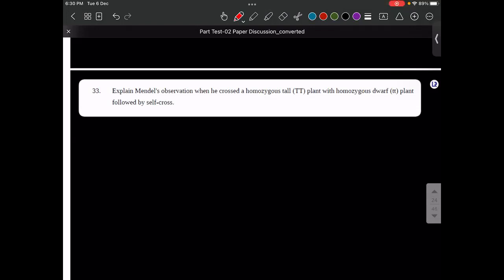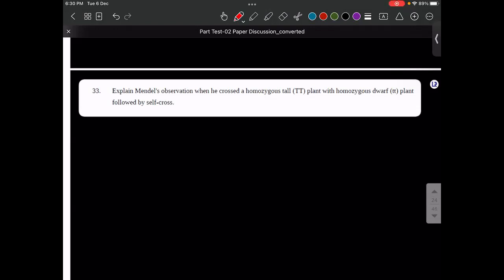Explain Mendel's observation when he crossed a homozygous tall plant with a homozygous dwarf plant by self-cross. Monohybrid cross. So when the plants in the F1 generation were self-crossed, they gave rise to both tall and dwarf plants, again in the phenotypic ratio 3:1 and genotypic ratio 1:2:1.